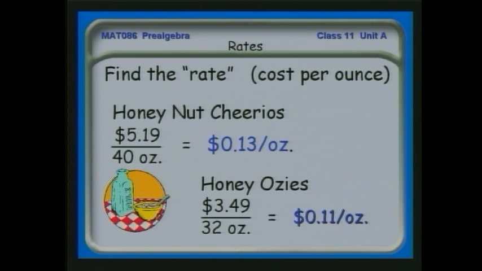So, surprise, surprise, it costs you less to eat generic stuff than it does the name brand. And of course, the only question you have to ask is, is it worth it? Are the Cheerios so much better than the Honey Ozies that you're willing to pay the premium to have honest-to-God Cheerios?